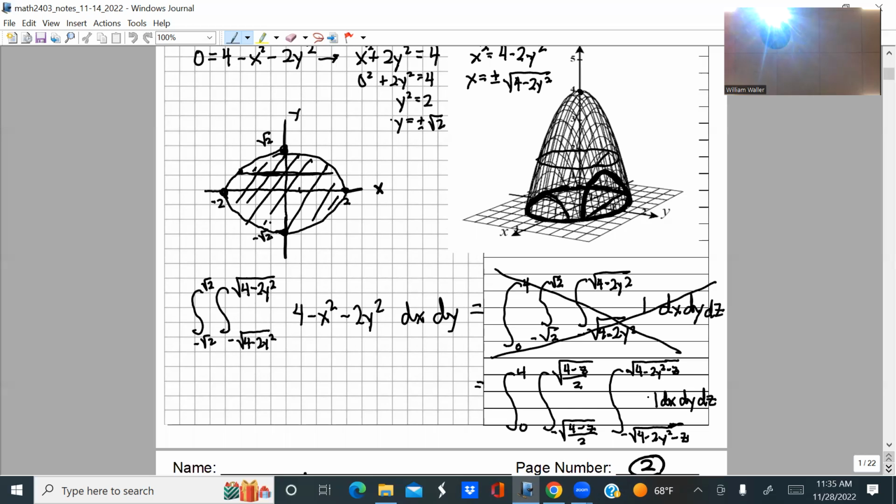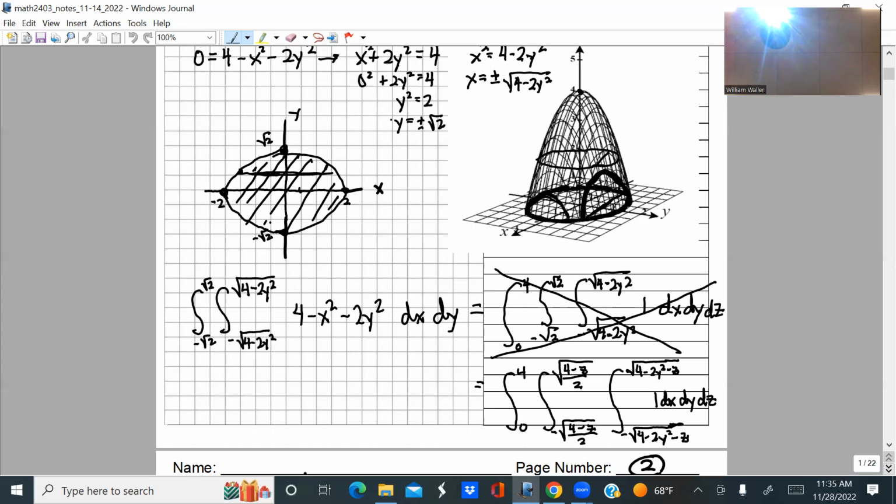But I also mentioned you can set up computing this volume as a triple integral, and I tried to explain how to set up that triple integral last time, and I got a little bit over optimistic in setting it up. I left out some important details there. So I corrected that. Here's the correct triple integral to compute that volume.